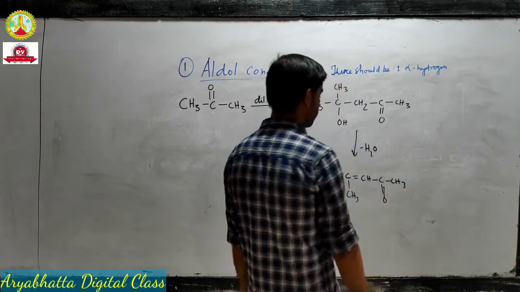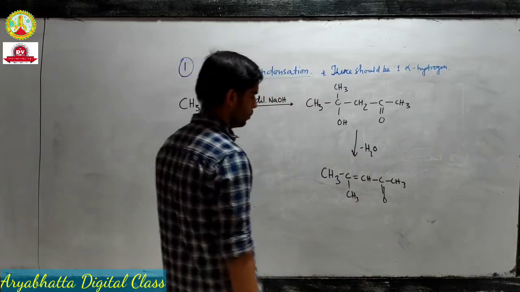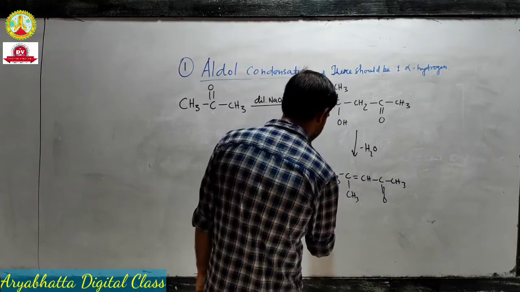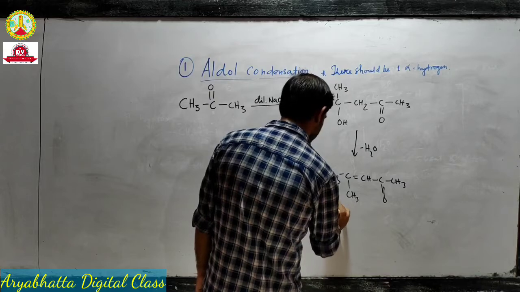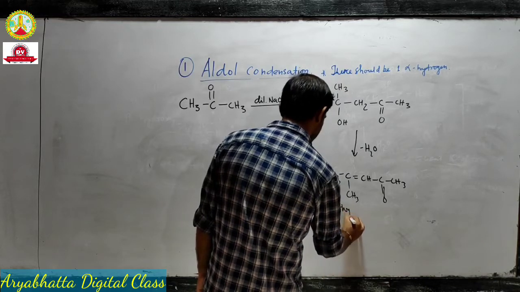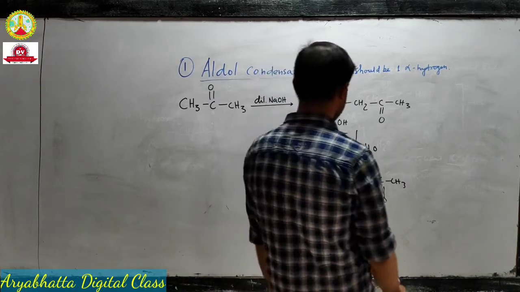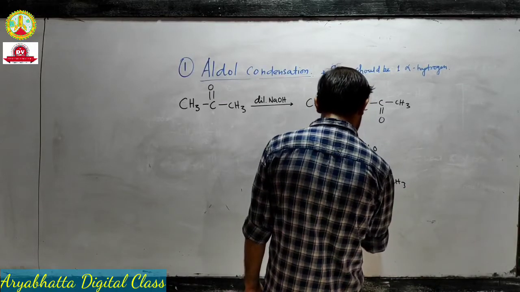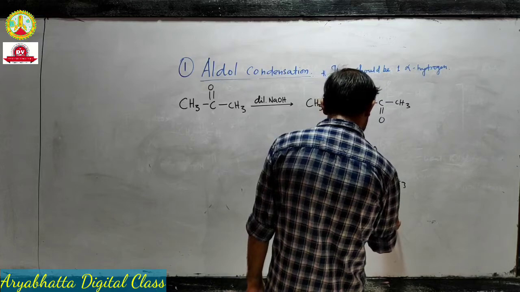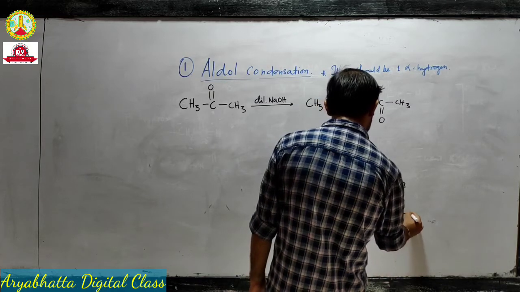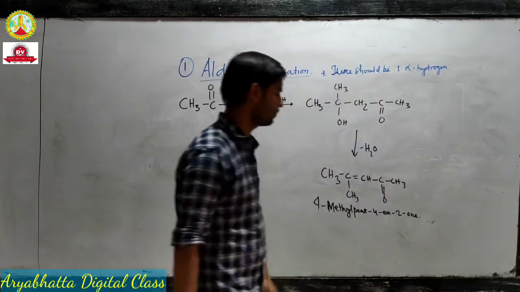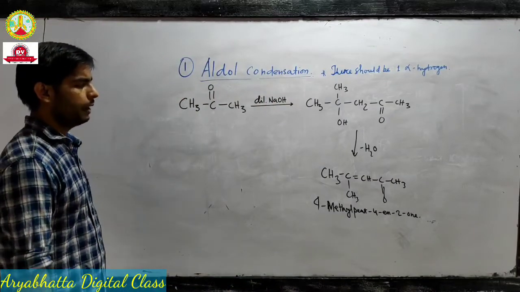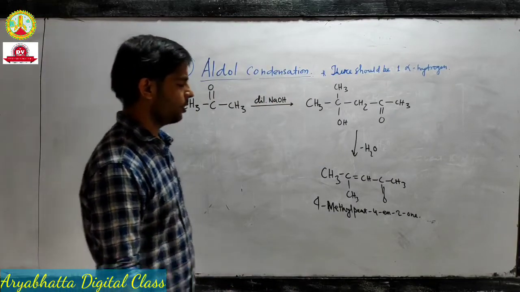So this is 1, 2, 3, 4, 4-methyl. Then we have 1, 2, 3 and 5 carbons, so pent-3-en-2-one. Okay, so this is our final product.